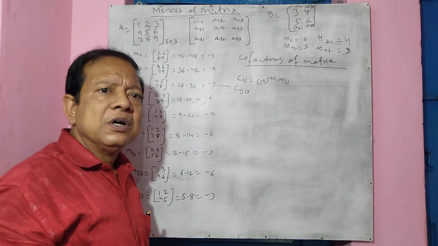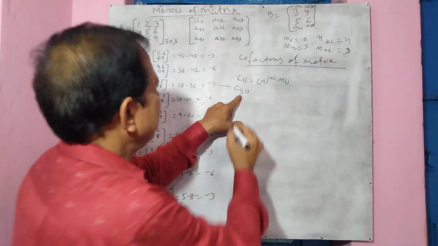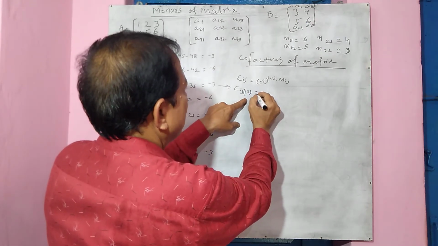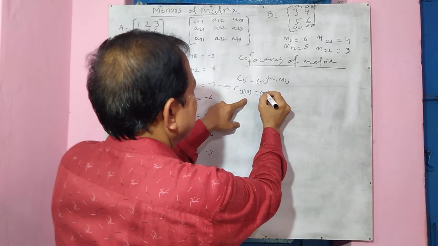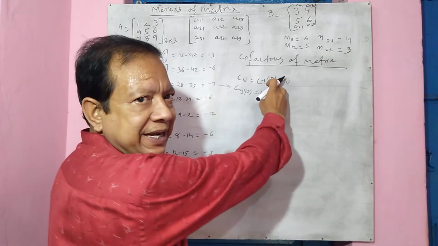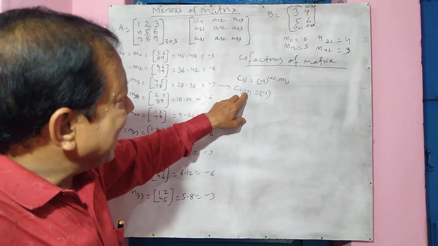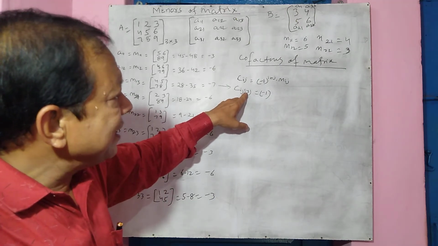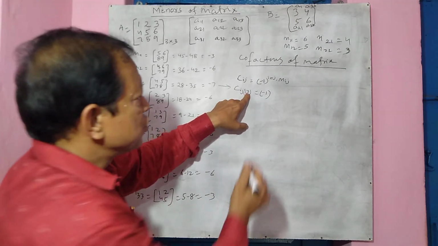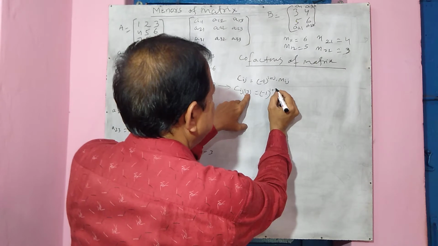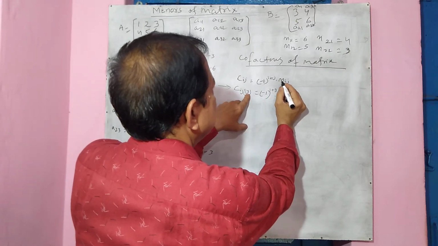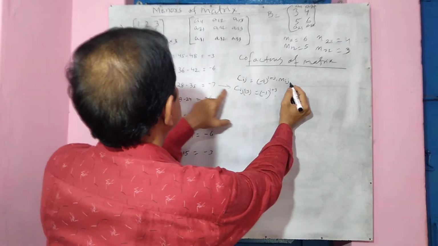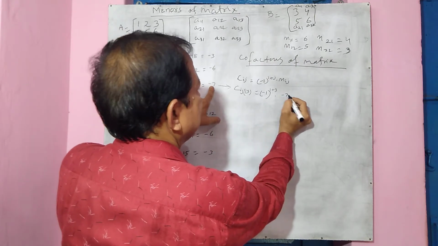Means first row, third column is equal to minus 1 to the power I plus j. You see, I means row, j means column. So I is 1, j is 3. So 1 plus 3 into minor of ij. Here minor is minus 7.